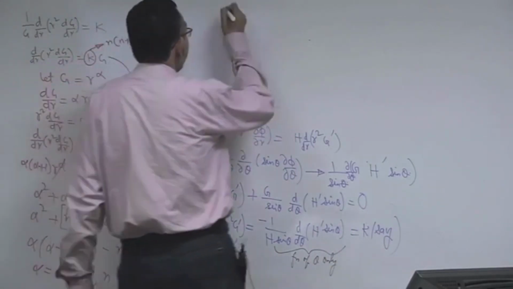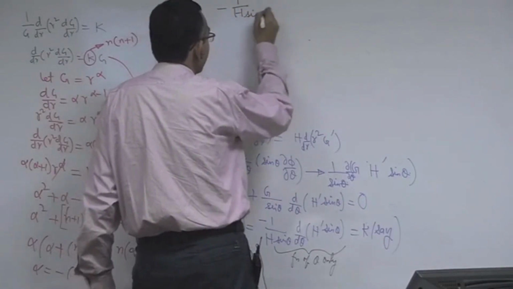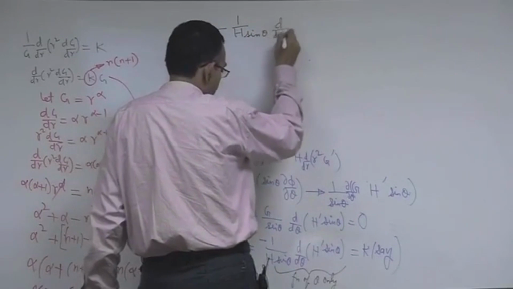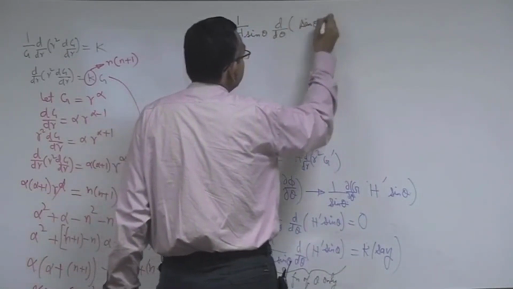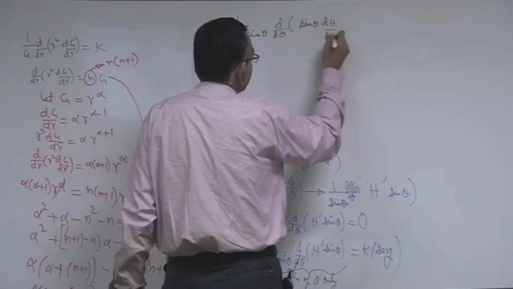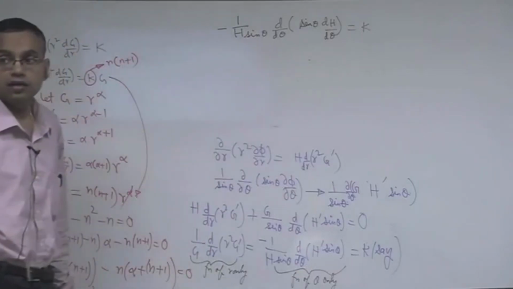Then we have the other equation, minus 1 by h sin theta d/d theta of sin theta dh/d theta is equal to k.